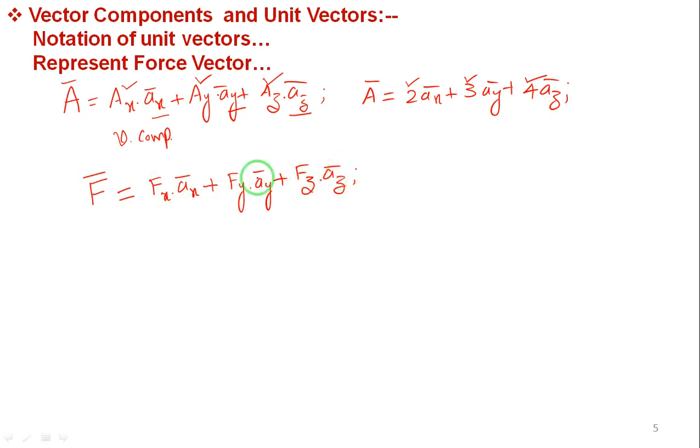Is it fine? Okay. Fx, Fy, Fz are the components of the vector along the x, y and z directions, and ax, ay, az are unit vectors.